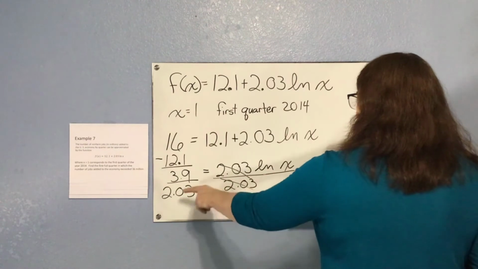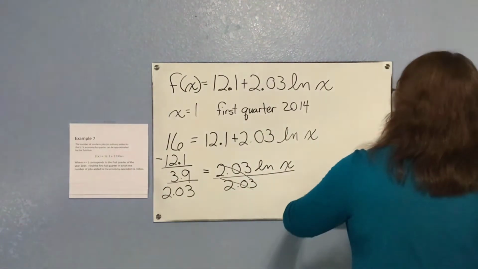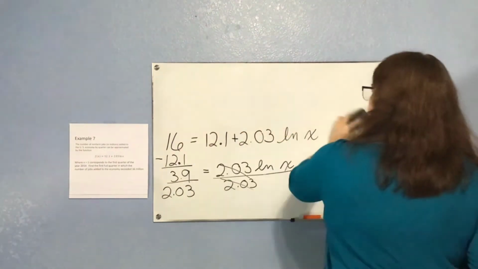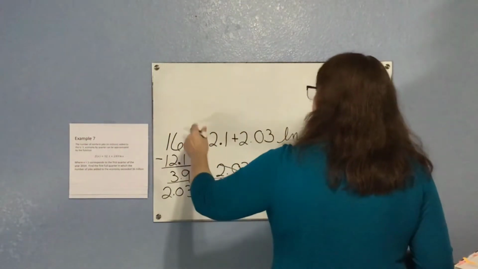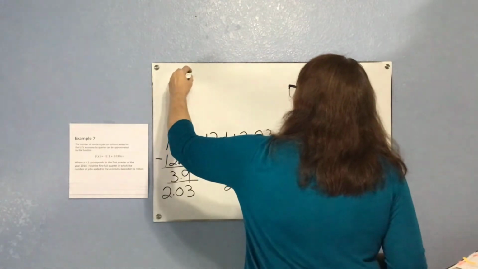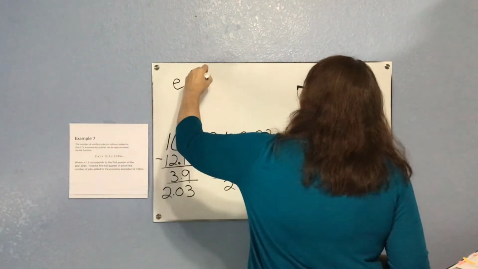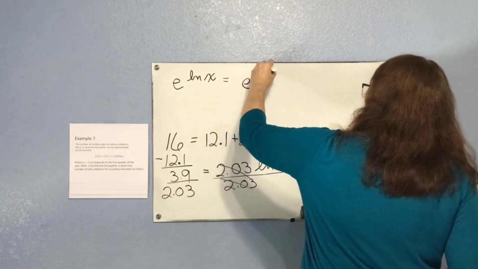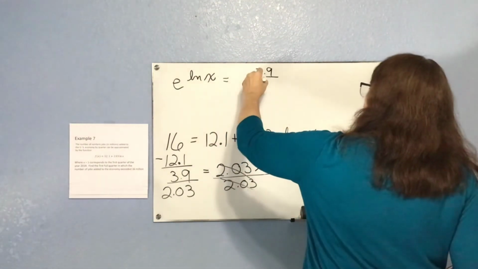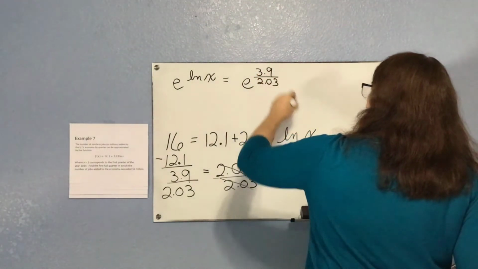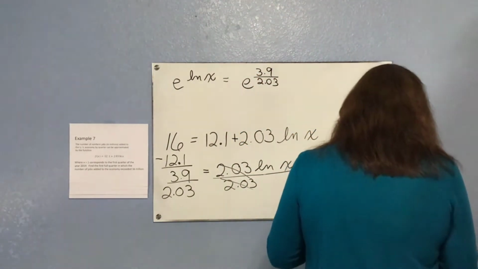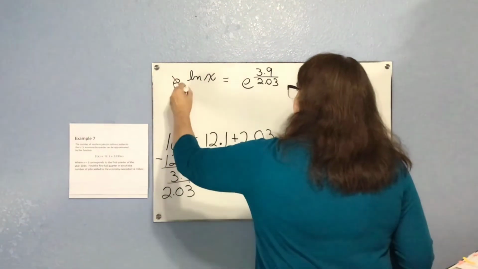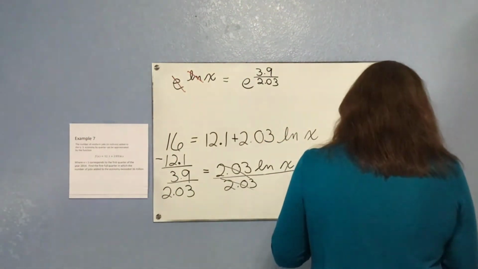So now I'm going to take this equation and use it as exponents for e. I'm going to flip the equation over so the natural log is on the left. Okay, and as before, this and this are going to cancel out.